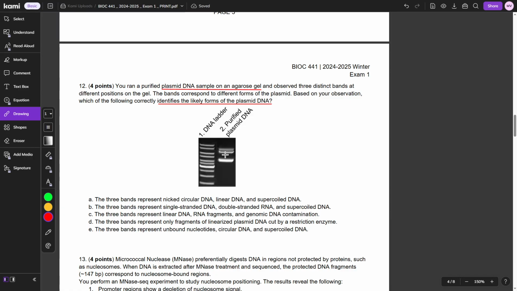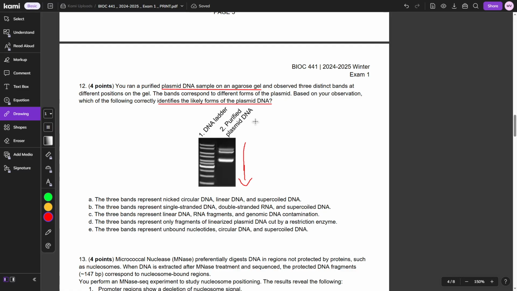So remember that the farther down it travels, the more compact or smaller the DNA is. So I'm expecting that the farther down it goes, the more supercoiled it's going to be. And then remember that any nicked DNA, DNA that's broken, is going to be very slow moving, because broken DNA doesn't move as one unit, if you will.